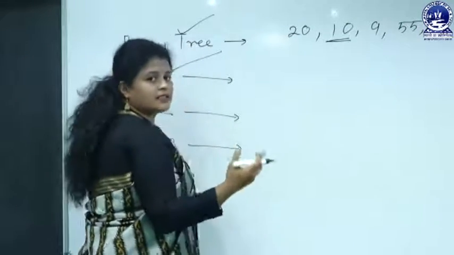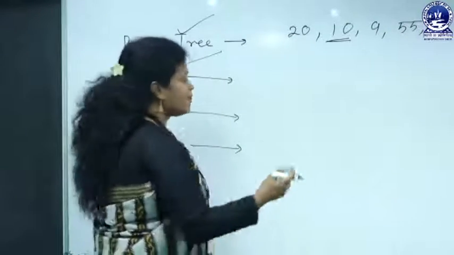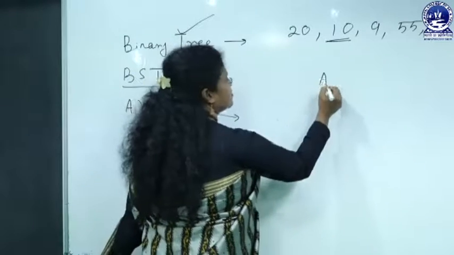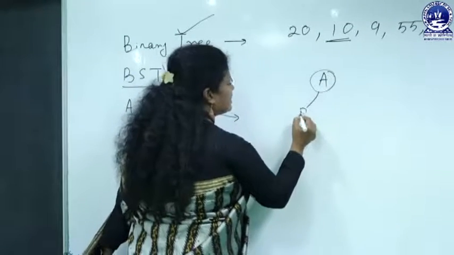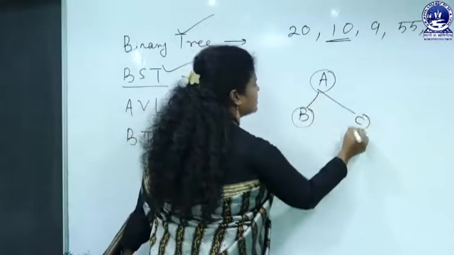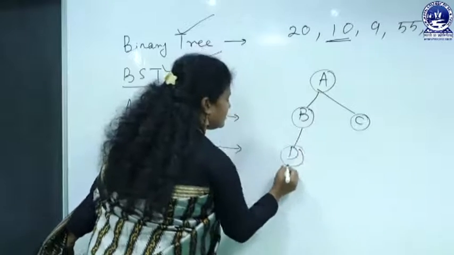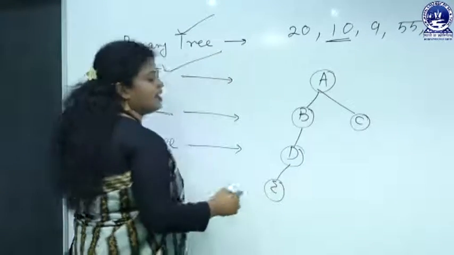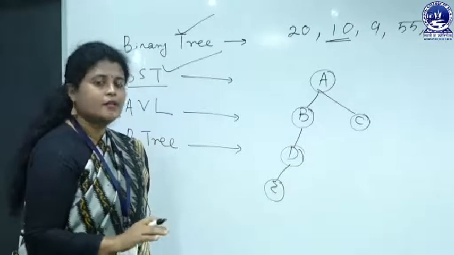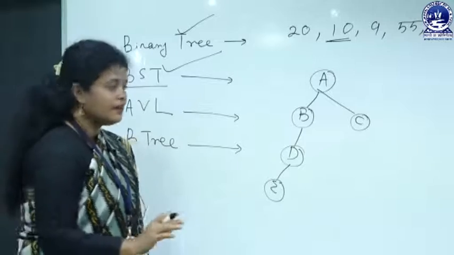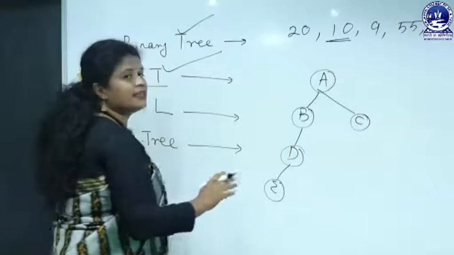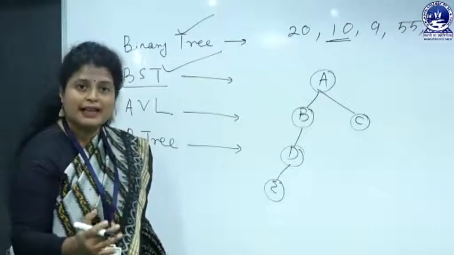Suppose you are constructing a tree which is AVL, and suppose the tree is looking like this: A, B, C, D, then E. Okay, it is a binary tree, but it is not AVL. Why? Because the height is not balanced.